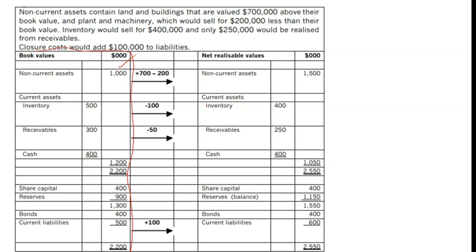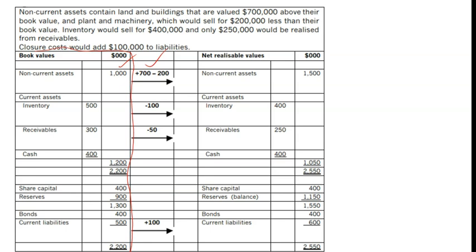The book was showing a lower amount by 700,000 because on the ground, the non-current assets are actually worth 700,000 more. So in the records they were undervalued. What do we need to do? We have to add the missing value of 700,000.